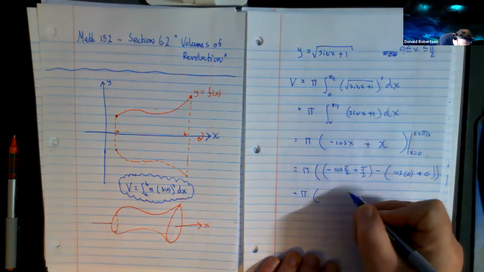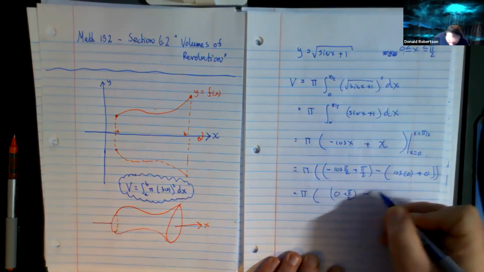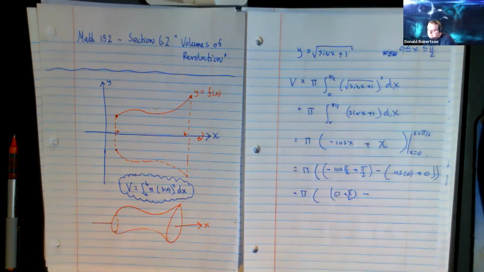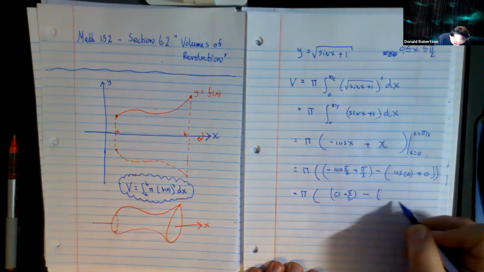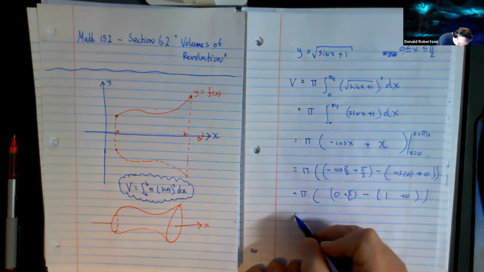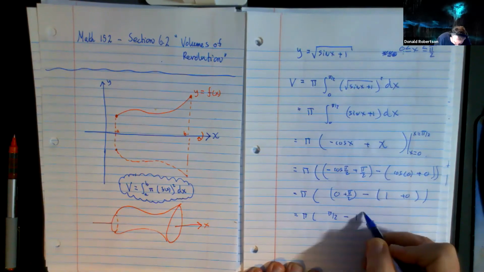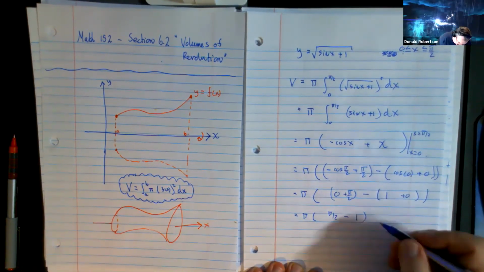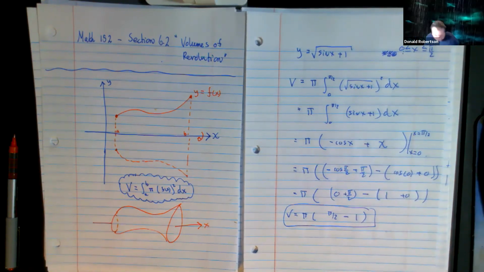So that's just negative 0. So it's 0 plus pi upon 2. Take away, what's the cosine of 0? 1. And what we get now is pi upon 2 take away 1. I'd probably just leave it like that. Would you agree that's quite a nice style point look?